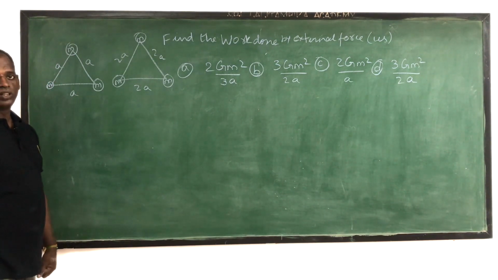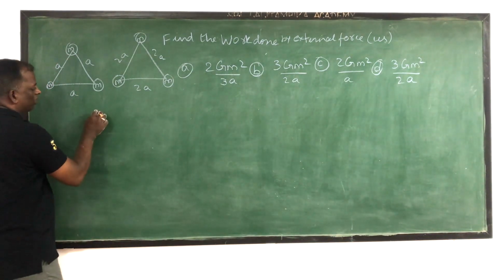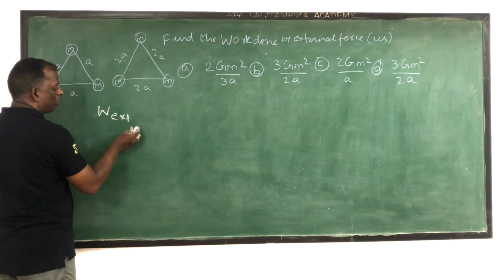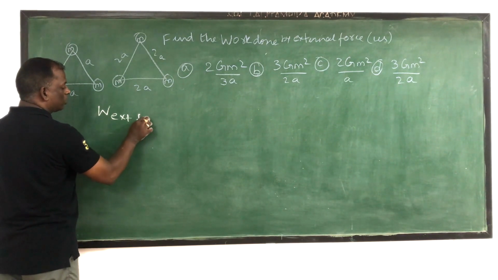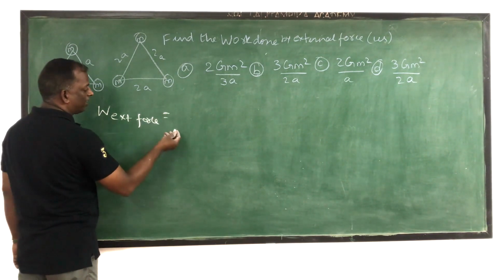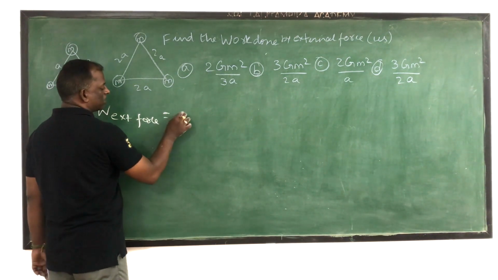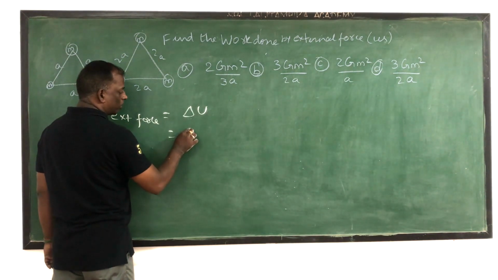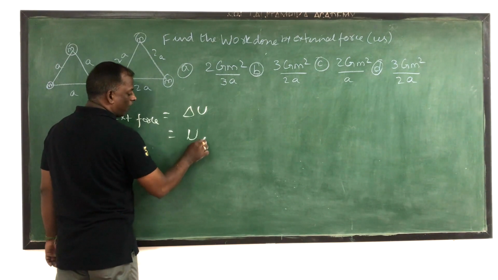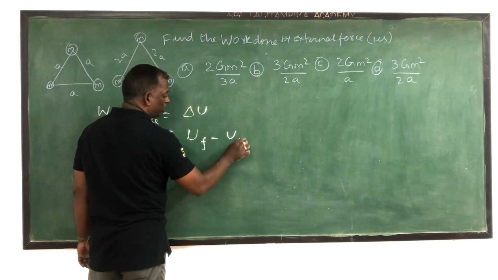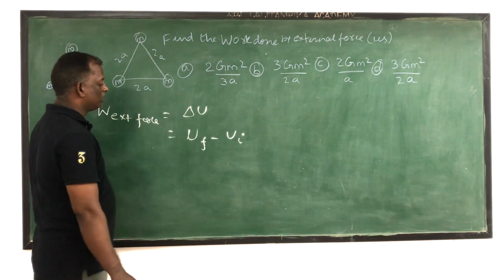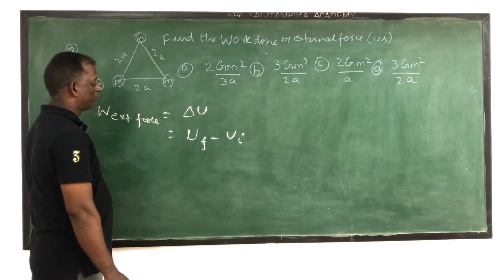So work done by the external force, which is equal to delta U, which is equal to U final minus U initial.